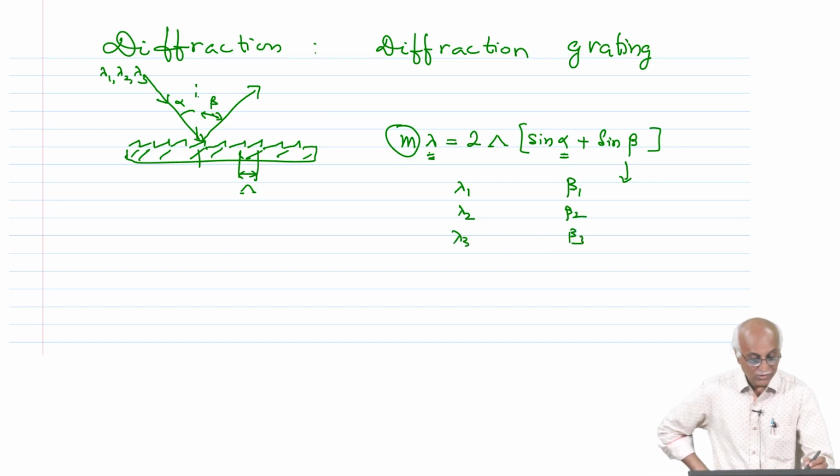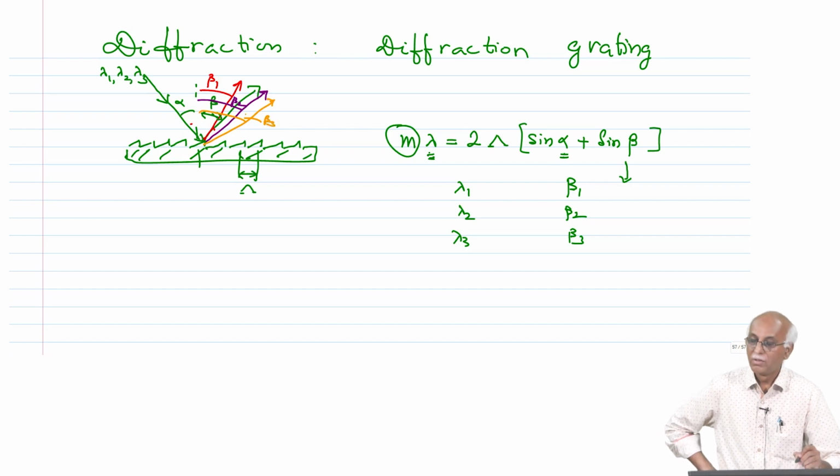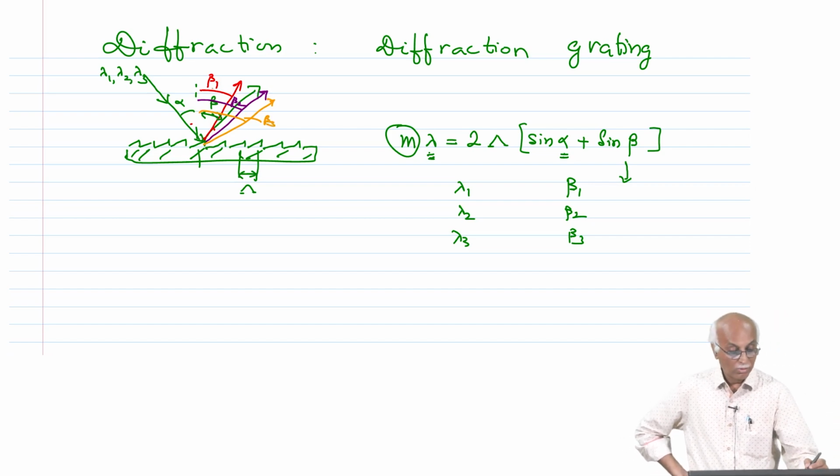That means light with wavelength lambda 1 will diffract at an angle beta 1, while light with lambda 2 will diffract at an angle beta 2, and the third one at an angle beta 3. You understood, no? That means these angles will help us determine which particular feedback can be given.